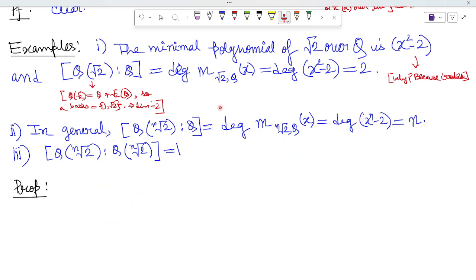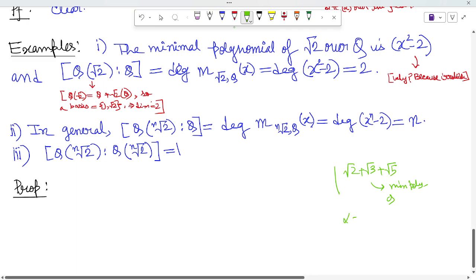If it is algebraic over Q, why is it? Then you need to find out. Suppose root 2 plus root 3 plus root 5: its minimal polynomial over Q is hard to determine.